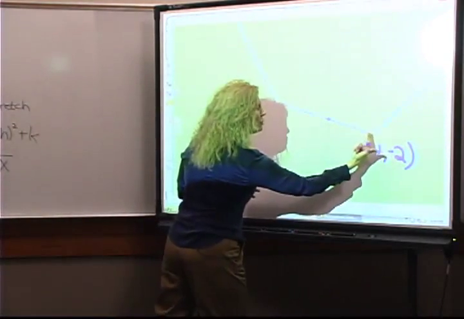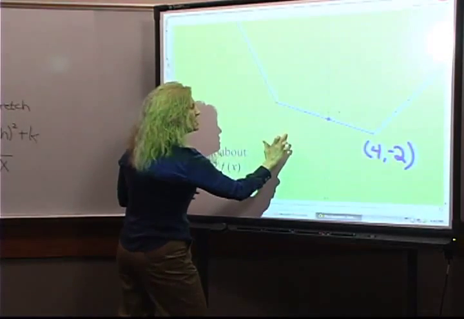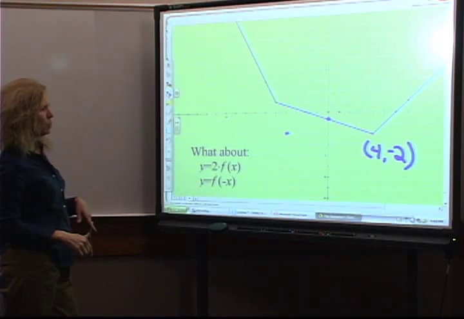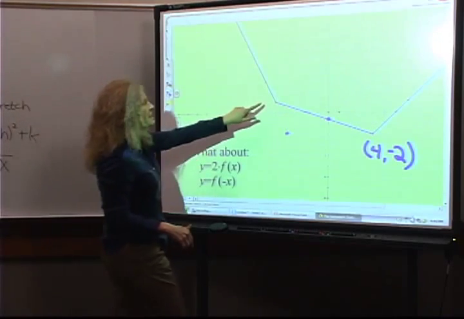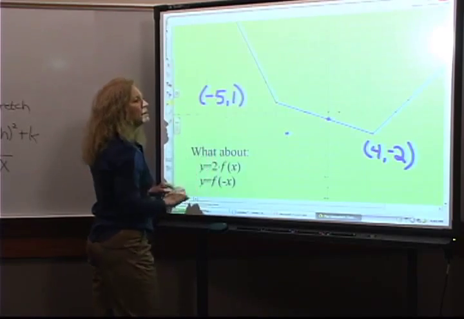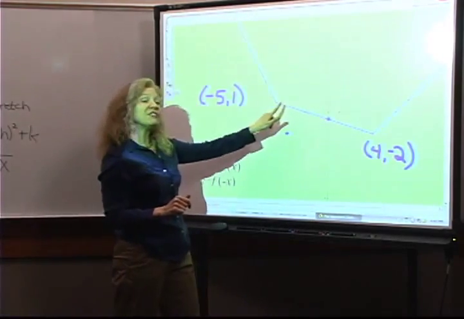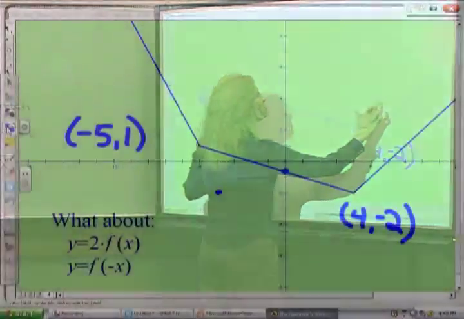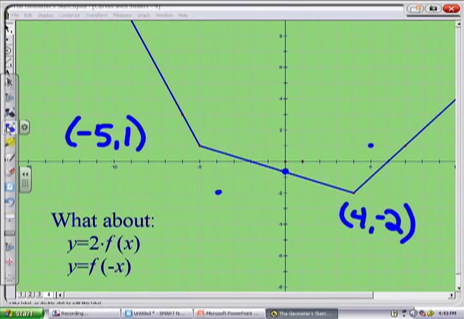Instead of being 4 to the right, won't he go 4 to the left? And he'll be sitting at -4, -2. Okay. This point is currently sitting at -5, 1. So he's 5 to the left. If I flip him over that axis, he's going to go 5 to the right, and there he goes. Okay, so right now I have that one side flipping to there.